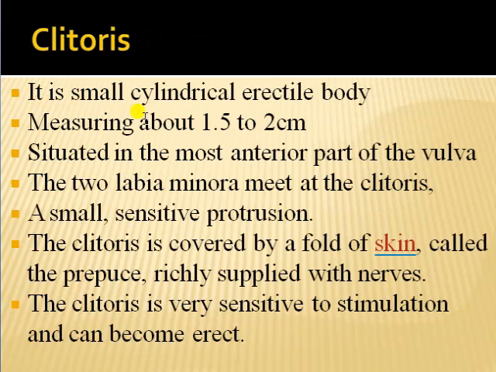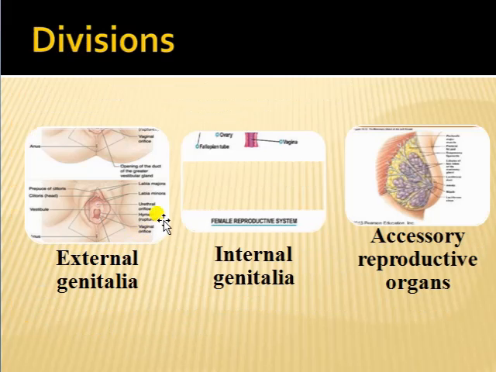Clitoris: it is a small cylindrical erectile tissue or erectile body about 1.5 to 2 centimeters, situated in the most anterior part of the vulva. These are external genital organs.